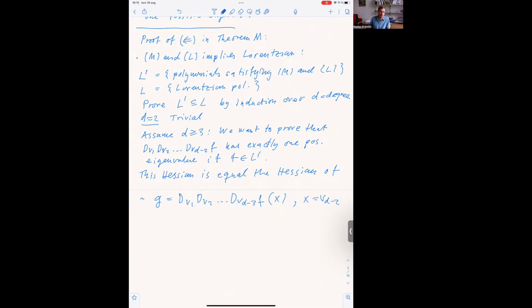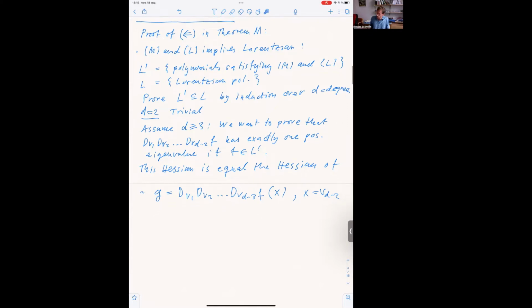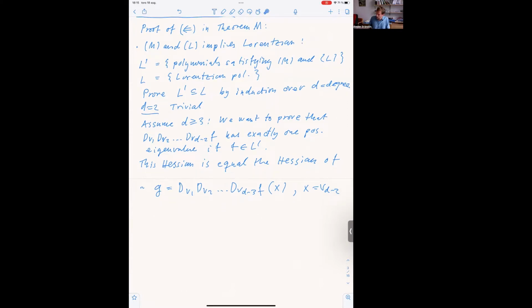And this is easy to check, because the Hessian of G is going to have entries that are linear forms. And if we take another derivative with respect to d minus 2, then it's the same as evaluating at that. So this is not hard to see. Sorry, I wrote this a little badly.